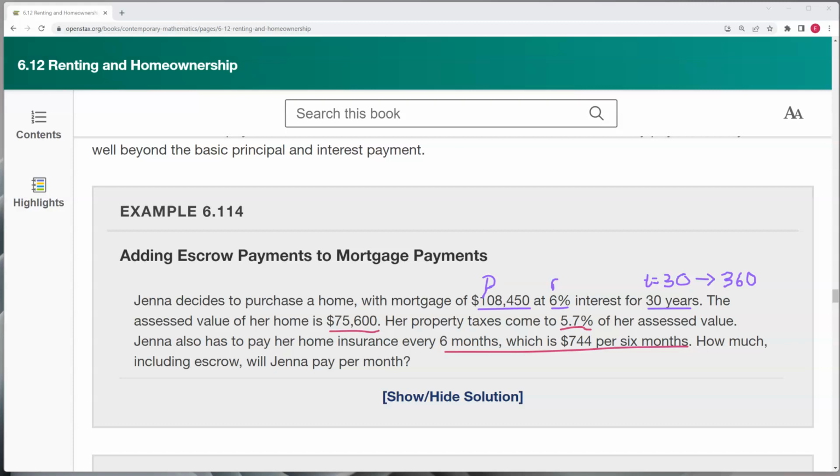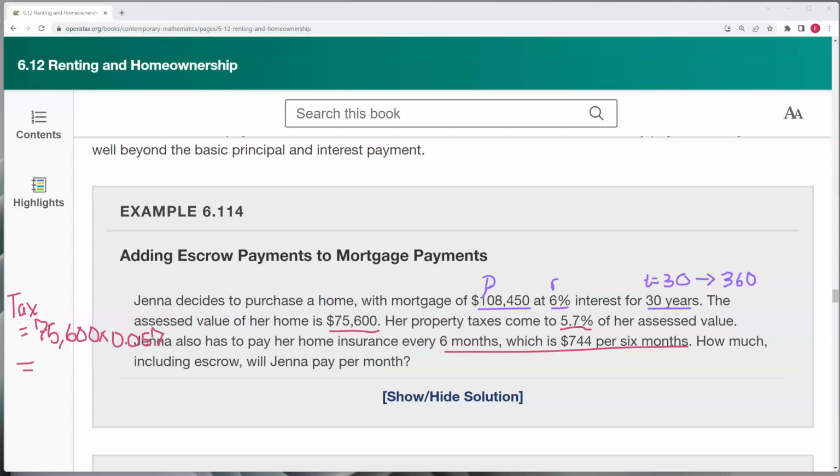So let's calculate basically her taxes for the year. If I come over here, we're going to look at the tax on the house. That's going to equal the assessed value, so the 75,600, times the rate of her taxes, 0.057.